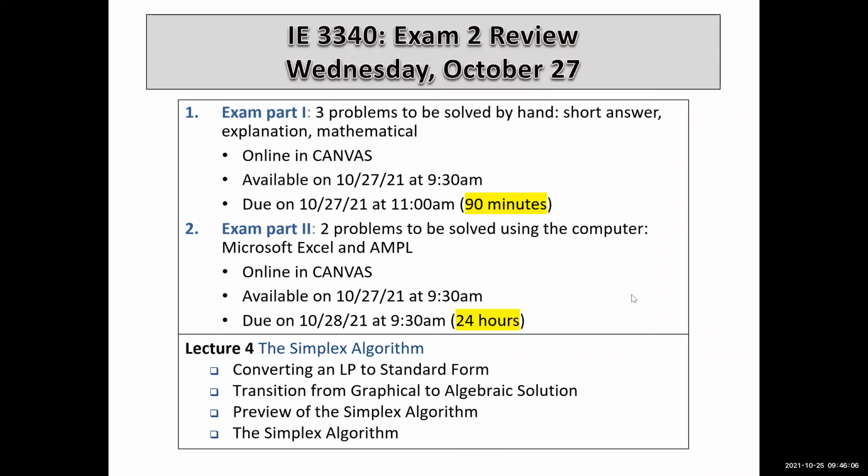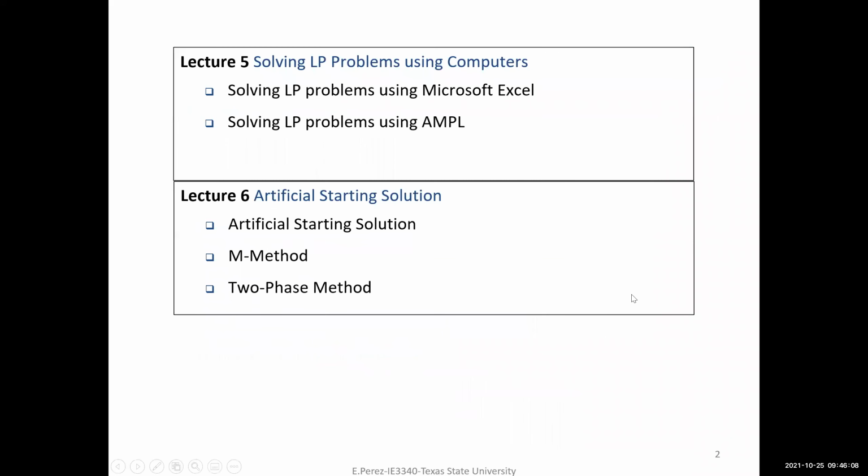And then the next slide, we have solving LP problems using the computer. So again, we spent some time going over both of them, solving problems using Microsoft Excel. So you use the solver add-in, you set up your problem in Excel, and then you set up your decision variables, you set up your objective function, and you set up your constraints.